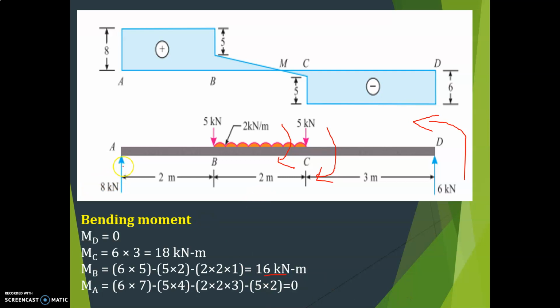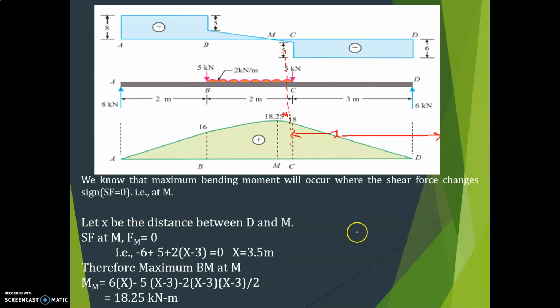Next at A, obviously it is equal to 0, but just check: 6 into full distance 7 minus 5 into this distance 4 minus 2 into 2 into half of 2, that is 1 plus 2, 3, minus 5 into 2, equal to 0.